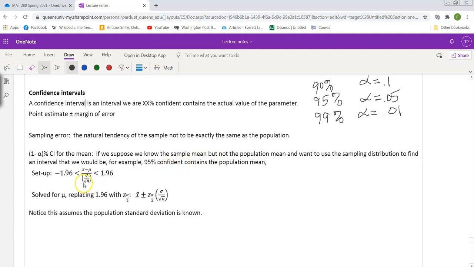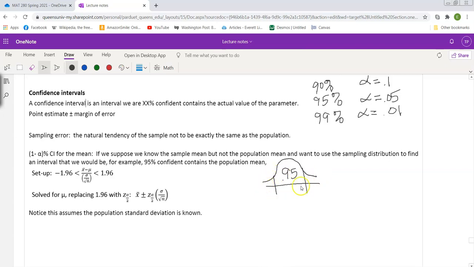So if we wanted to do that with 95%, let's look at where that comes from. We're looking for an interval that's two-sided, meaning we've got 95% in the middle.